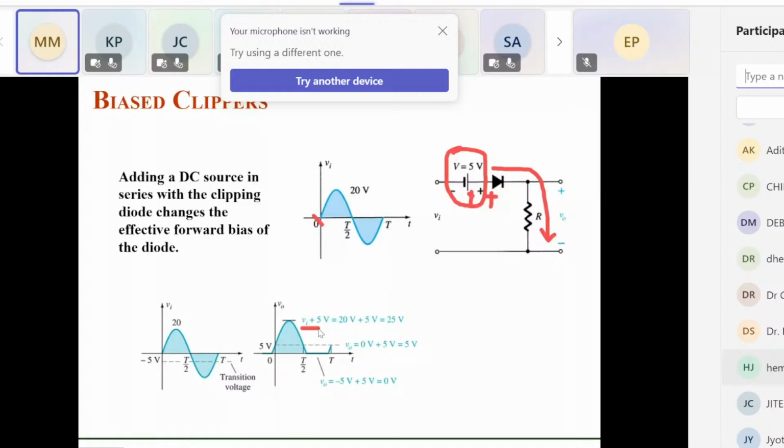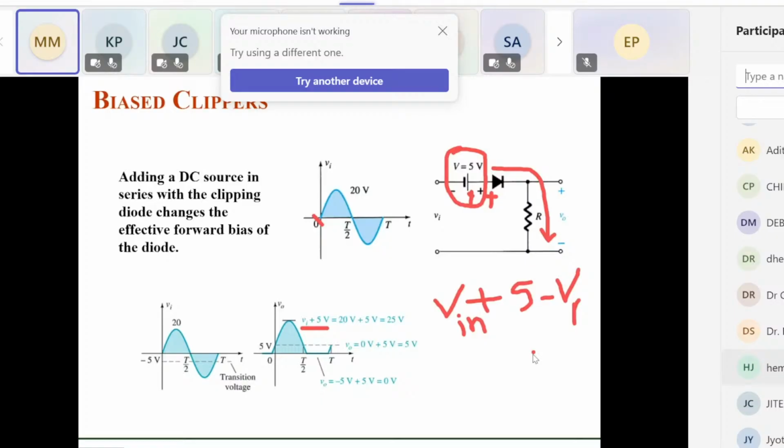You will be writing Vi plus 5 volt minus V gamma. You have to write. So here the diode has been taken as the ideal diode, and in ideal diode there is no concept of V gamma. Otherwise, being an electronics or electrical engineer, you have to write it this way, plus 5 volt and minus V gamma, because that is the voltage offered by the diode.